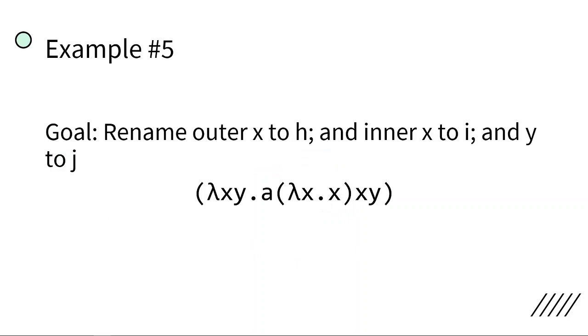Rename the outer x to h, then the inner x to I, and y to j. So, yeah, understandable ra. Again, kani, this is bound here. Kaning y, this is bound here. And then, nag-add ko og additional nga variable x.